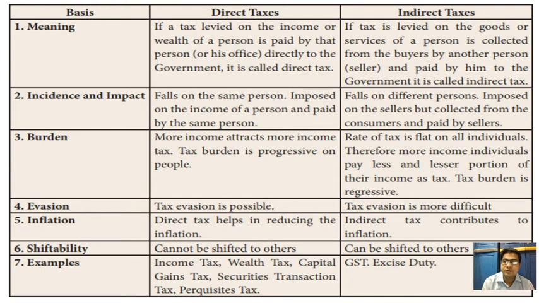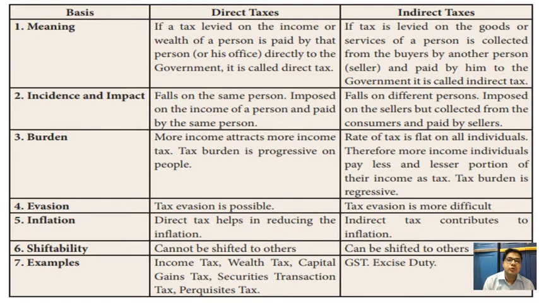or his office directly to the government, that is called direct tax. Suppose you earn salary income, and from this salary income you pay some amount as taxes to the government, so it is called direct tax.